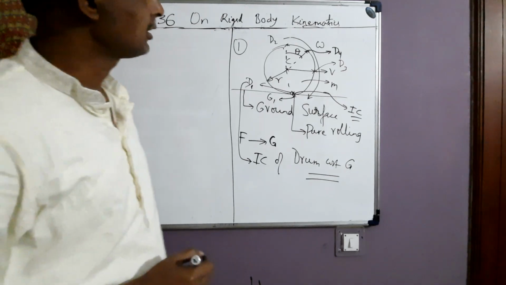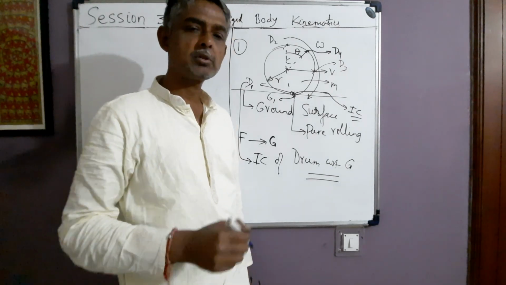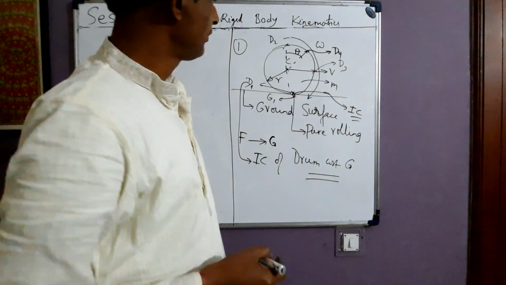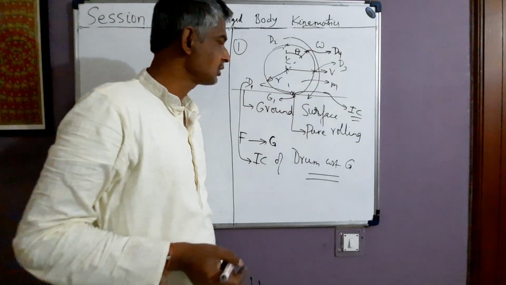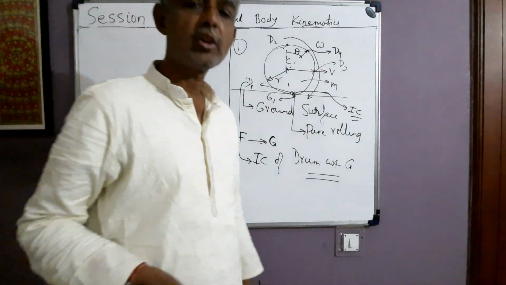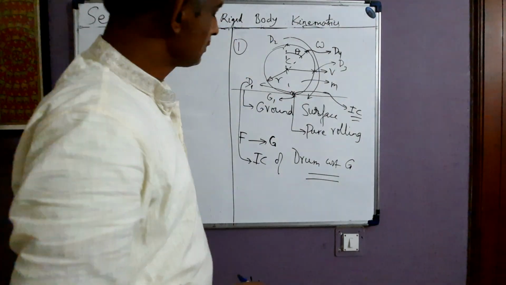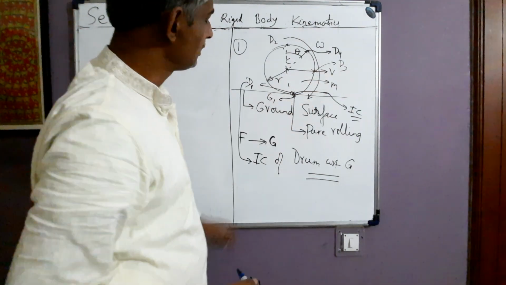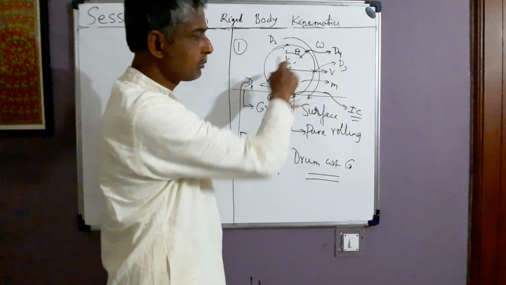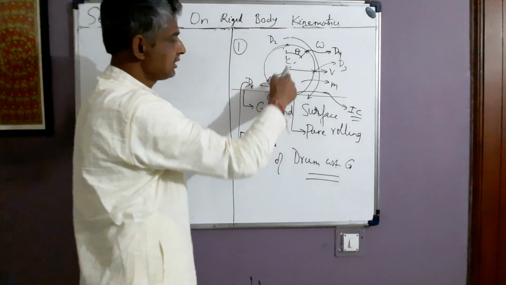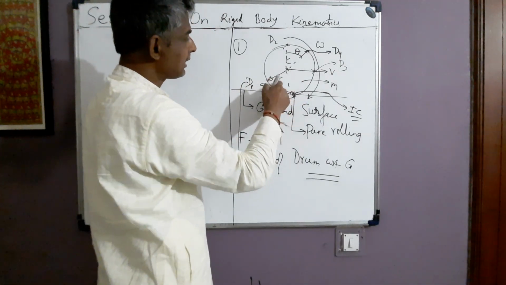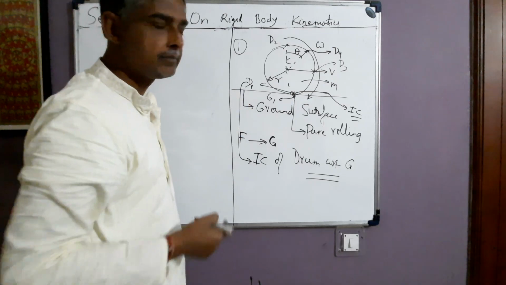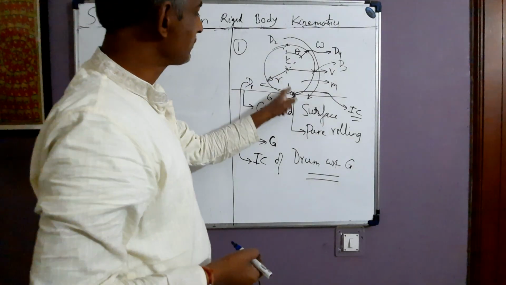Now you recall in the second chapter on rigid body kinematics, we found the relation between V, omega and R using the SRC procedure for velocity. The same relation can be obtained using the IC concept. The center C is at a distance of R from the IC D1.